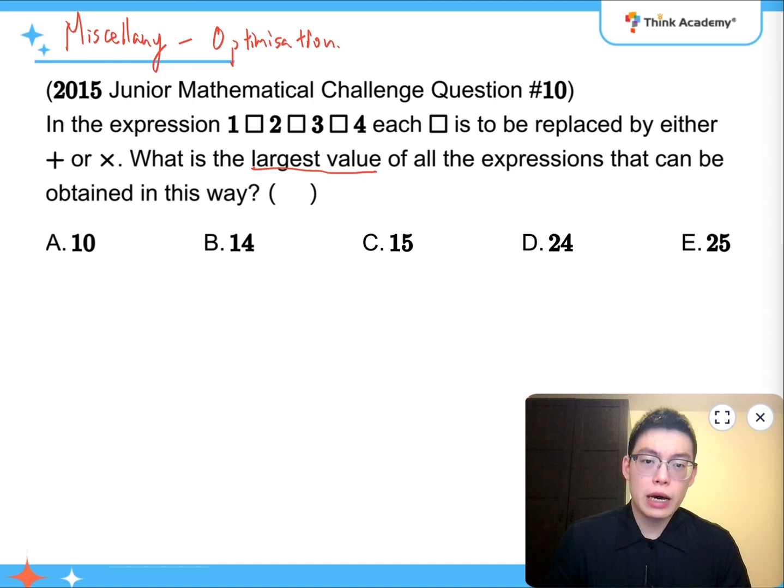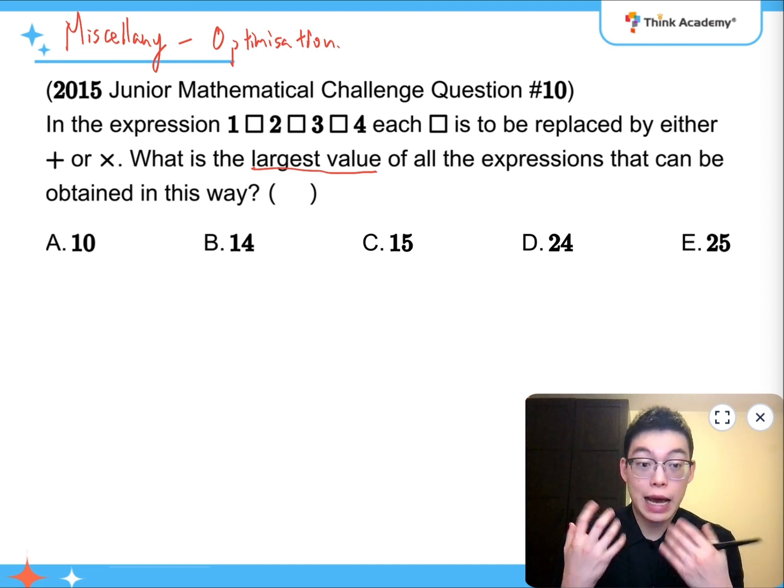So we are filling in addition or multiplication into these boxes. So we just need to think about which of addition or multiplication is going to give us a larger outcome.